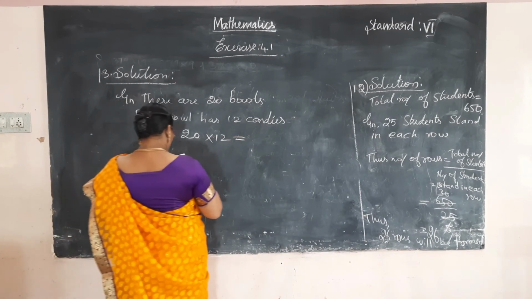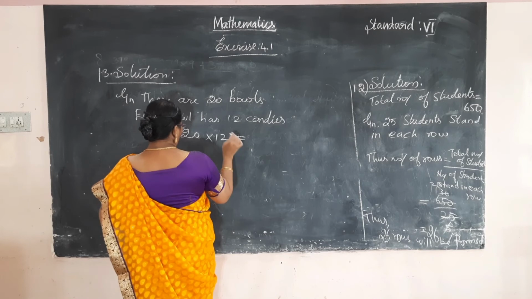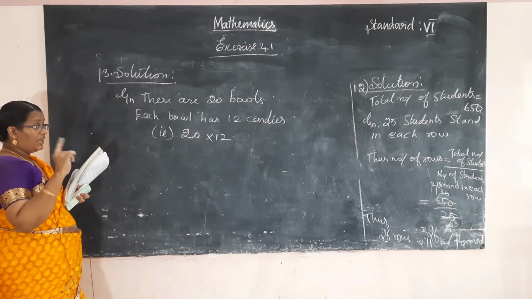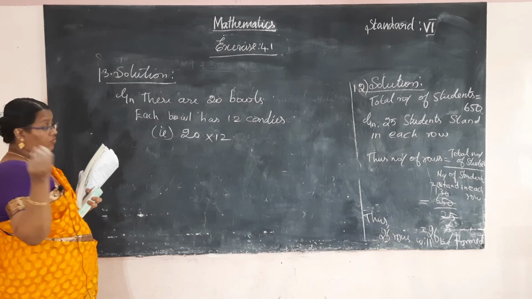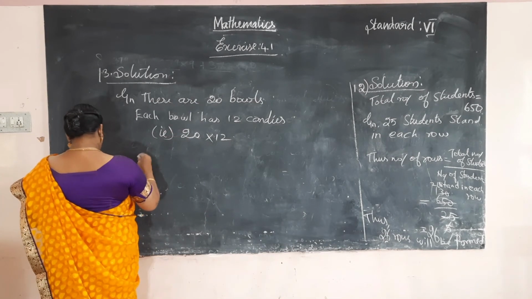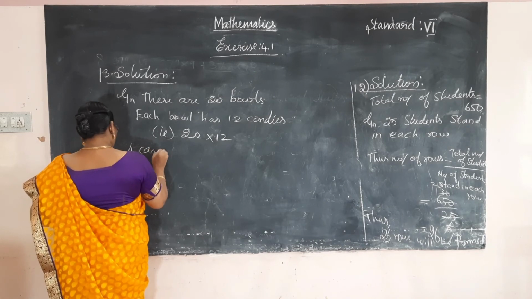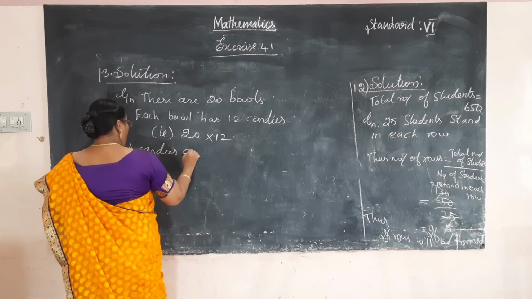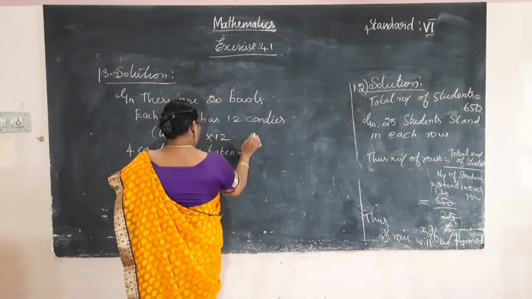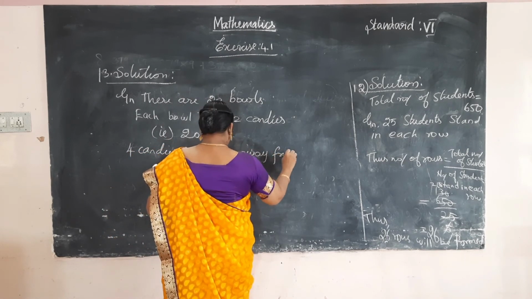What we get? Wait, after that, because next the number taken from each bowl is 4, so we will do one more step after, right? We will calculate this. Okay, and then 4 candies are taken away from each bowl.